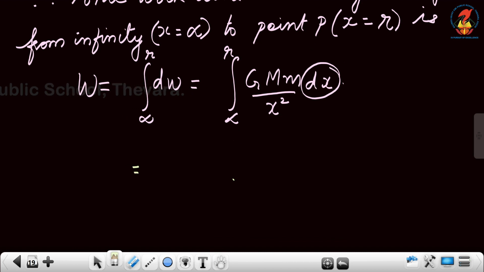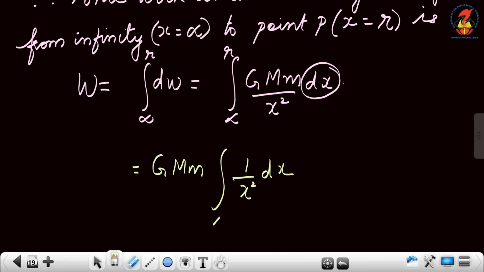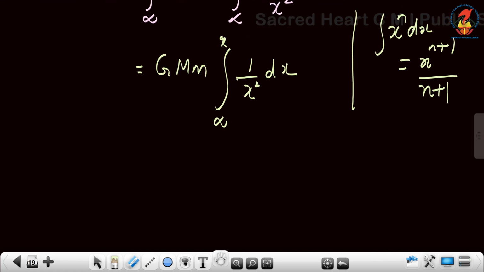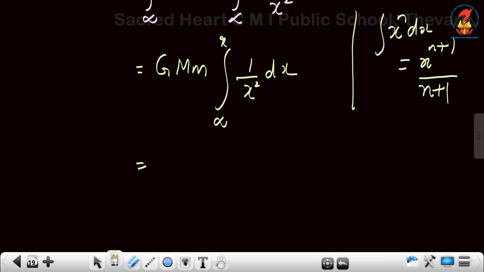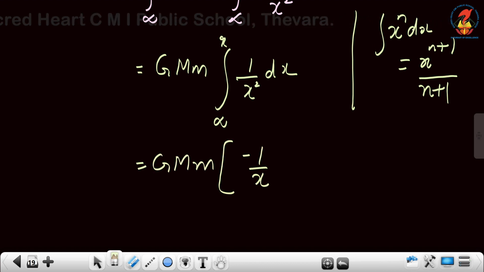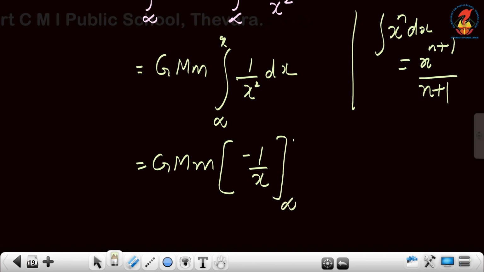We get W is equal to GMm integral of 1 by x square dx, the limit infinity to r. And what is the integral of x raised to n dx? It is x raised to n plus 1 by n plus 1. So we get the integral of 1 by x square dx is equal to x raised to minus 1 by minus 1, which can be written as GMm by minus 1 by x, the limit infinity to r.